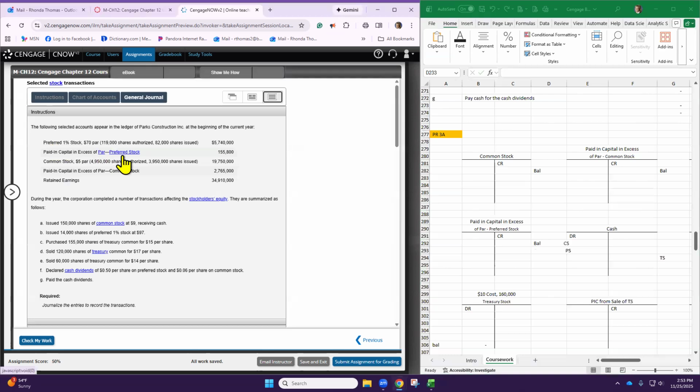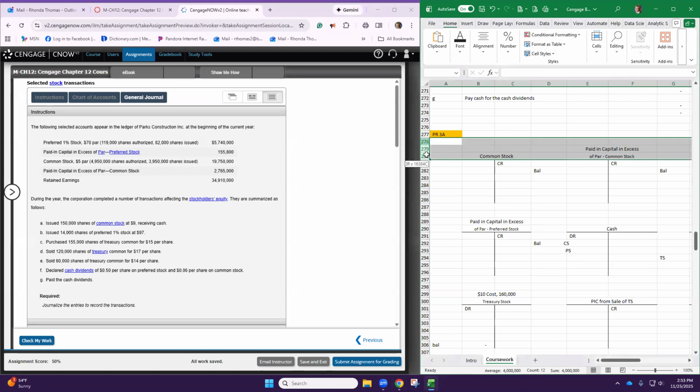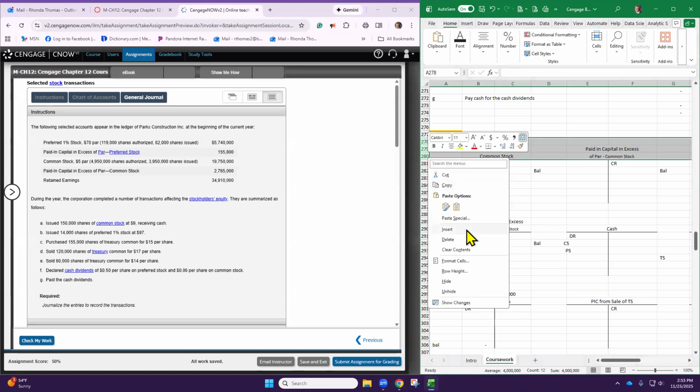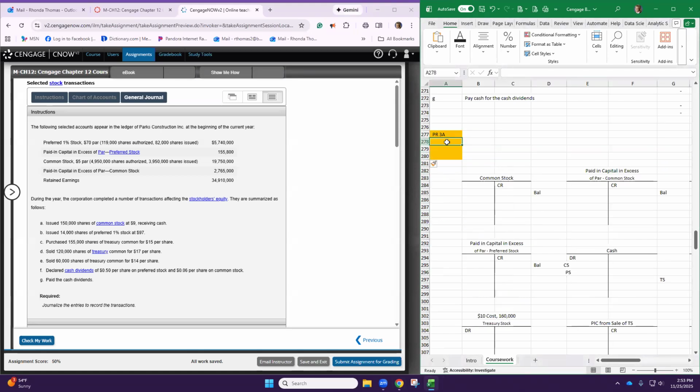So they have preferred and common and retained. So we'll fill in these just like we did before. Let me insert a little room here, because I do think we've got dividends going on here, and we've got treasury stock going on. So let's walk through this.